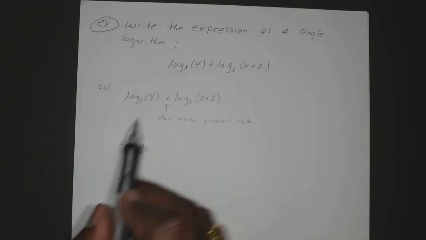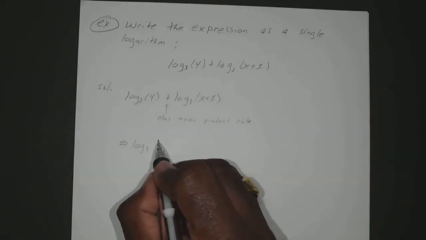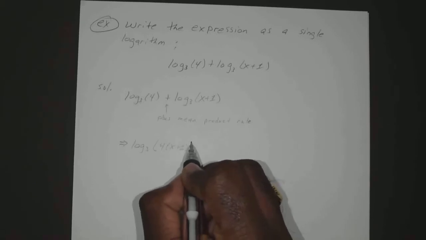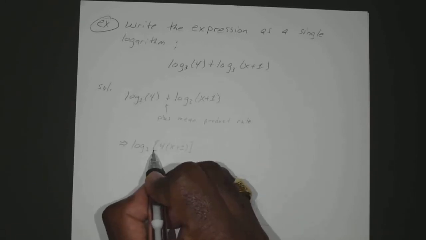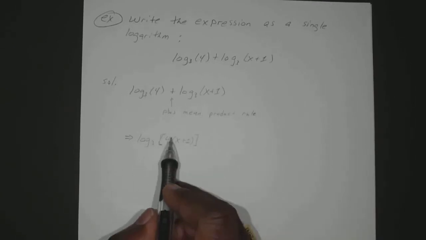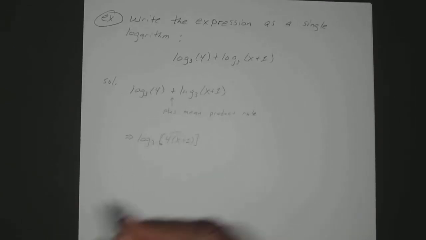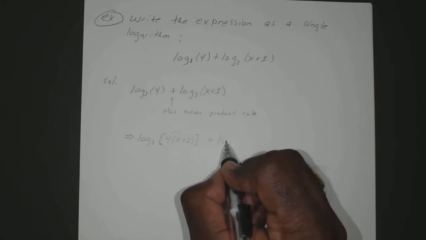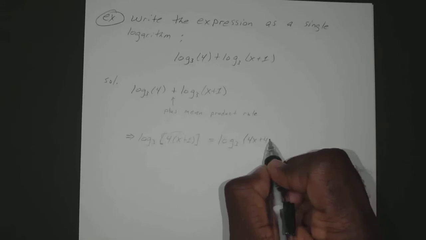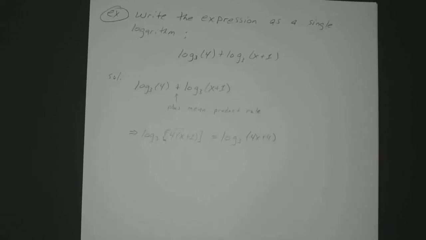As long as our bases match, we can combine them. You have 4 times x plus 1, and I'll use the bracket to separate those. After you distribute, this becomes log base 3 of 4x plus 4. So sometimes they're really quick.